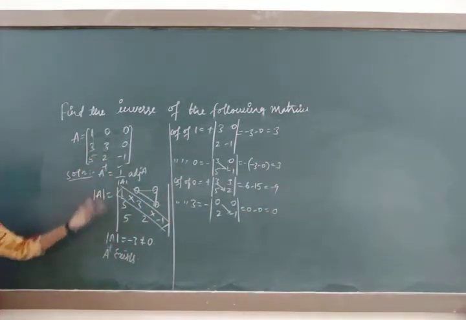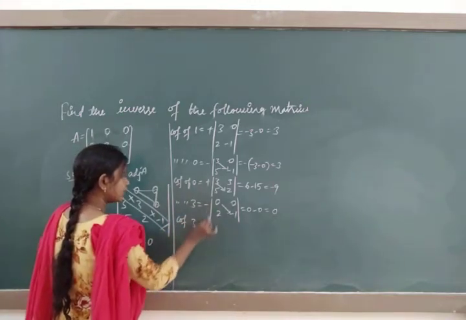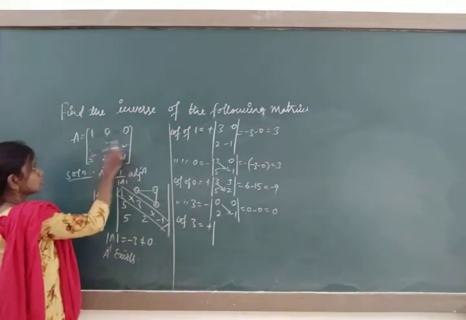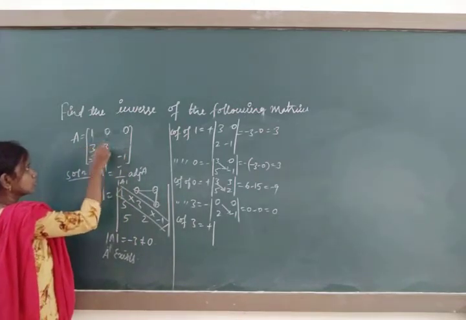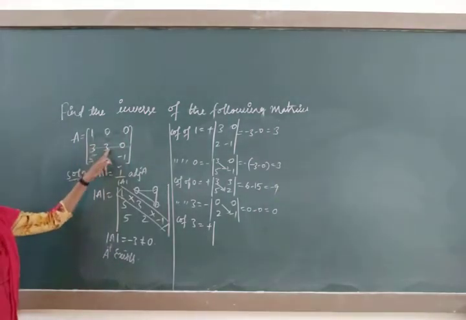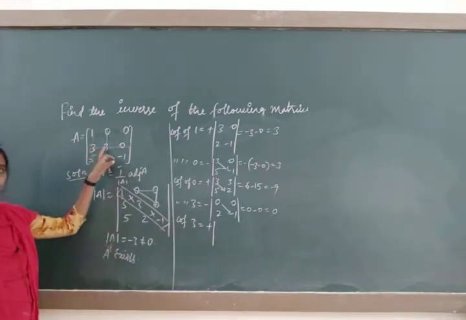Now again cofactor of 3. Take the alternate sign plus. So again close the second row, because 3 is present in the second row, and it is present in the second column also, because we are taking this value.